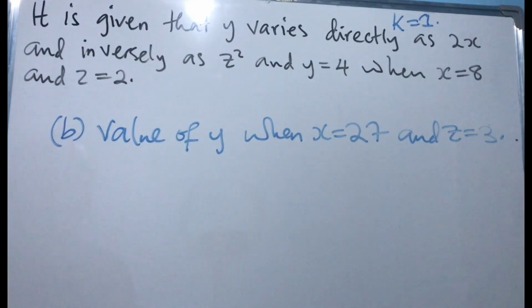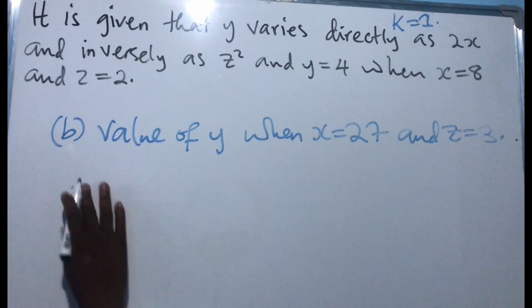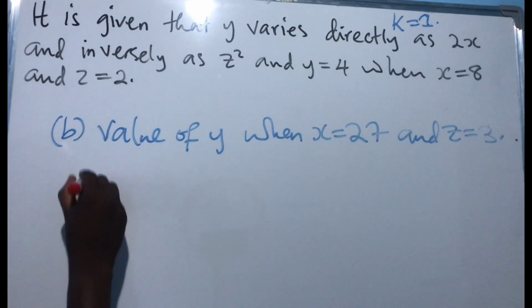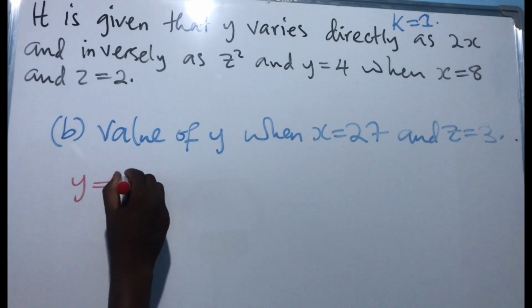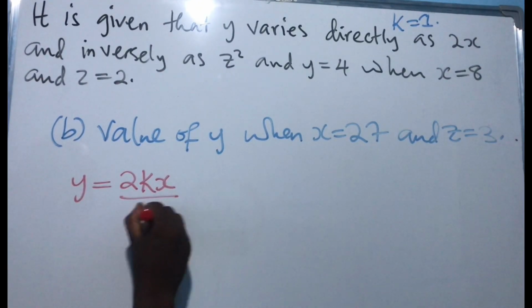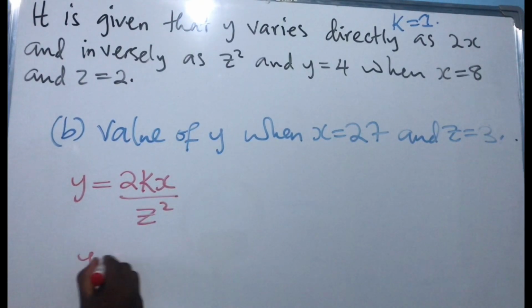We'll use the same formula. So we are going to say y equals 2kx over z squared. We want to find the value of y, so we'll bring down y.